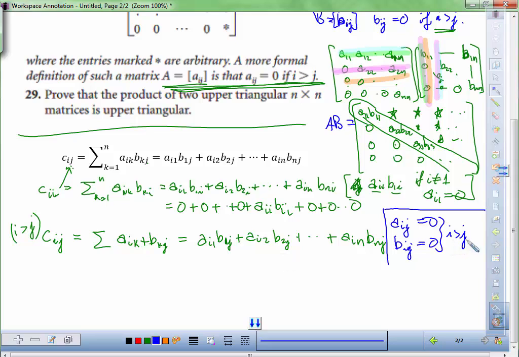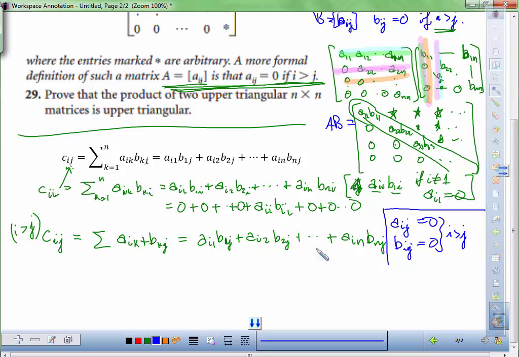Well, if i was bigger than j, then a_ij and b_ij would be 0. That's according to the definition of upper triangular up there. i's are your rows and j's are your columns.